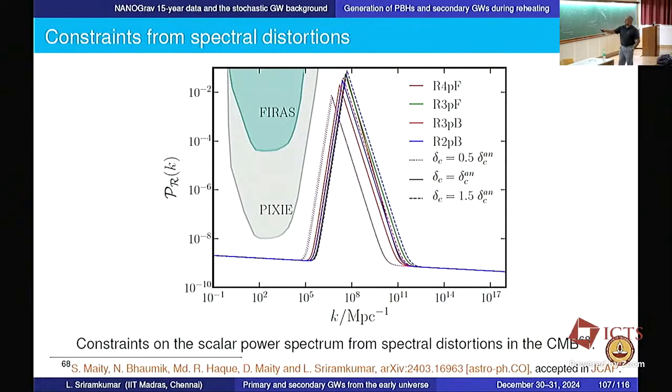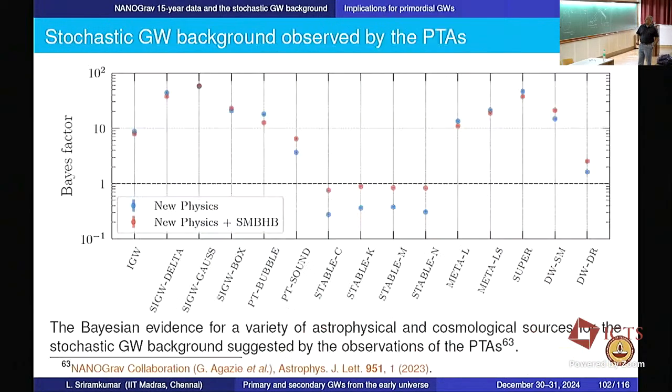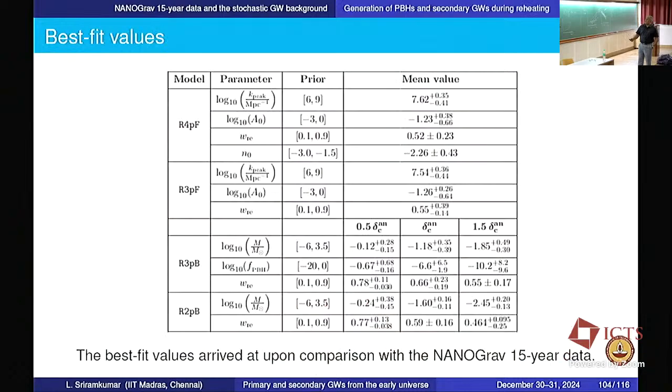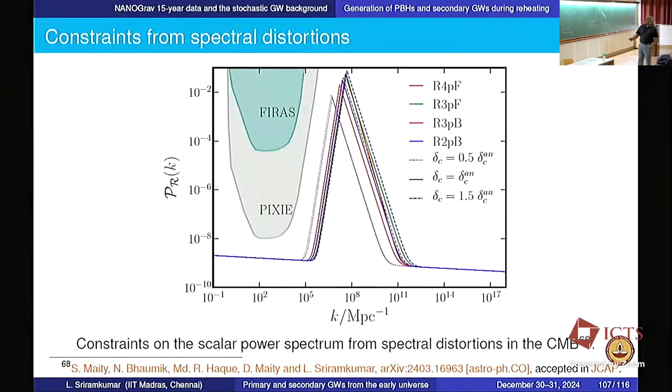And these are the constraints on the primordial power spectrum from FIRAS, which is the current constraint, and the projected constraints due to a possible future mission called PIXIE. And this kind of spectrum that we have worked with, the primordial spectrum, this is the analytical spectrum. These are for the various best fit parameters, and they are indeed consistent with the constraints from spectral distortions.